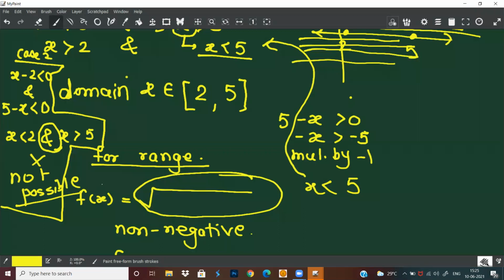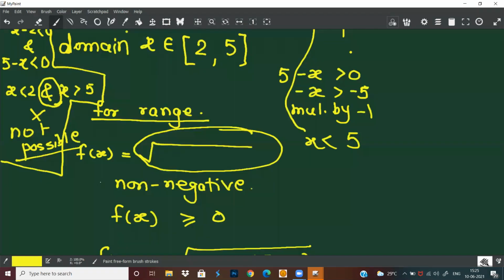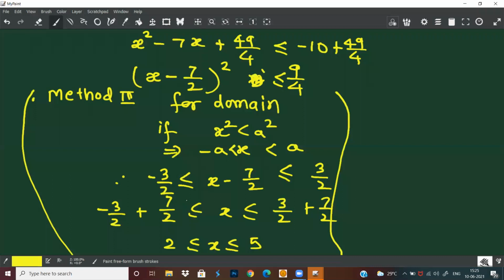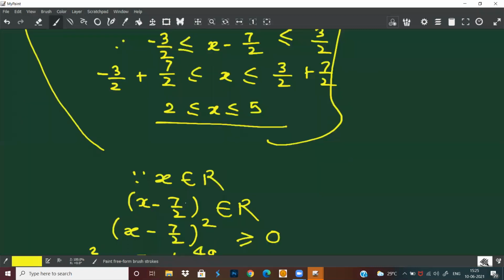Rutuja, that is the reason I did not consider it, that is not possible. So I showed you both the methods for the domain, and did you understand how I arrived? No value exists, yes. And the range also, understood properly.